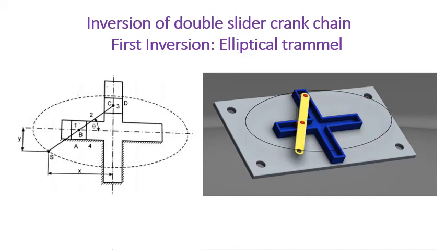Now we have to prove that this pointer traces an ellipse. In the animation you can see the pointer at the extension of the link CB tracing the ellipse during the movement of the sliders along the slots provided.